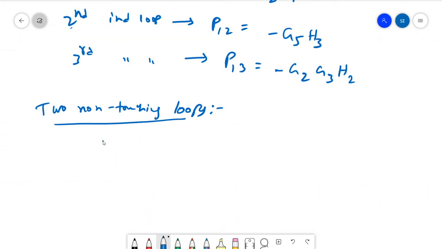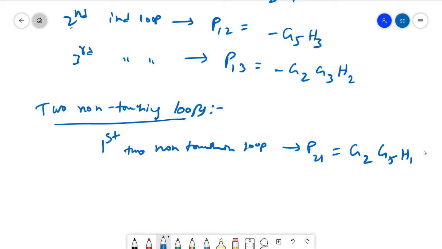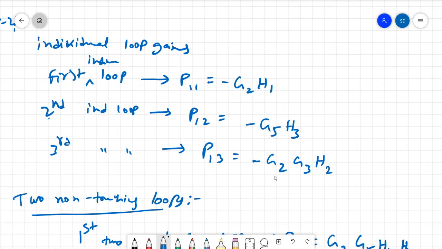So first, two non-touching loop gains. P12, sorry, P21 we will write, because 11, 12 we used for individual loops, right? P21, the loop gain is G2 G5 H1 H3. Check it out, it is the product of two loop gains.